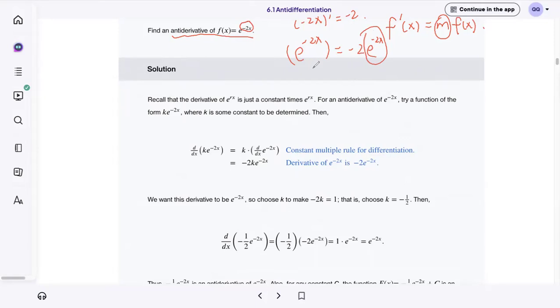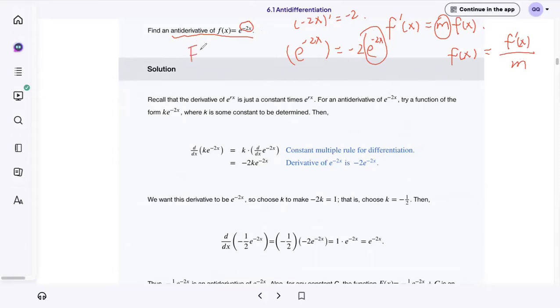For us, we need to divide by it. So f of x, the original function, equals the derivative divided by m. In this case m equals negative 2.